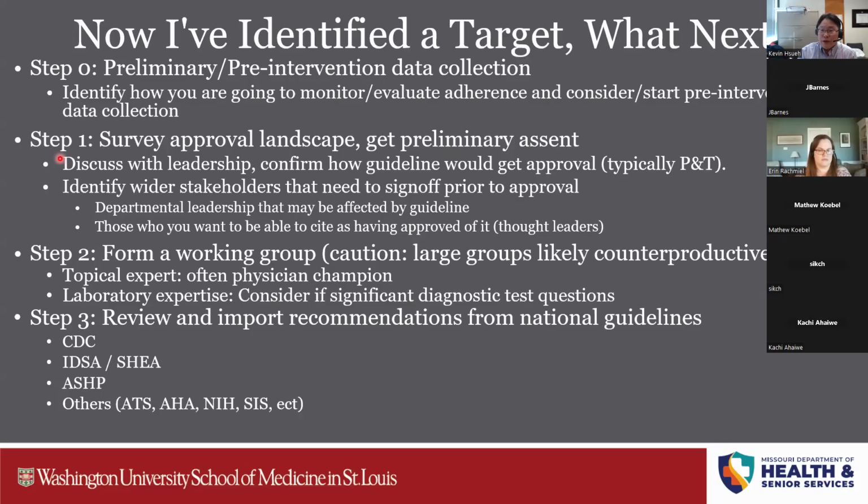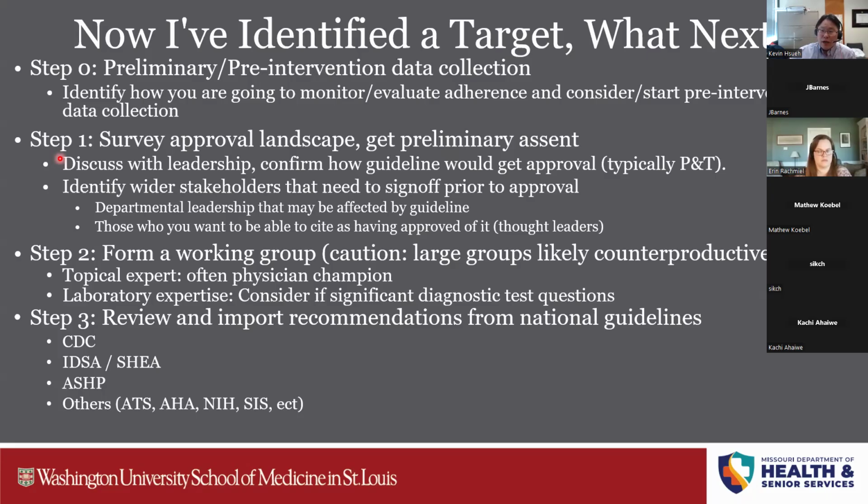It also will keep you from getting pushback at the end after so much work. So discuss with your leadership, confirm how you would get approval for a guideline. Generally that goes through the Pharmacy and Therapeutics Committee, but there are other modalities. Sometimes it's through quality improvement, the Quality Improvement Department.